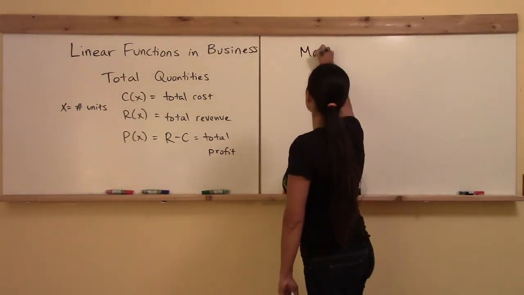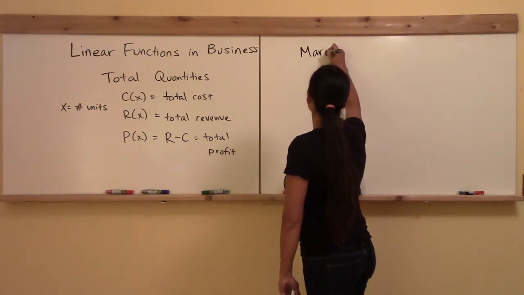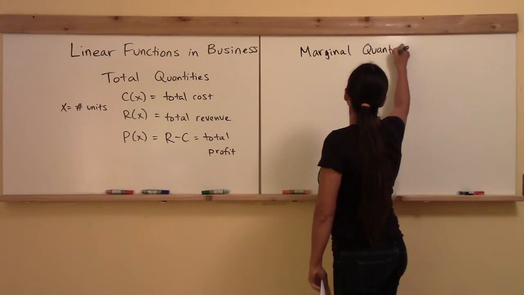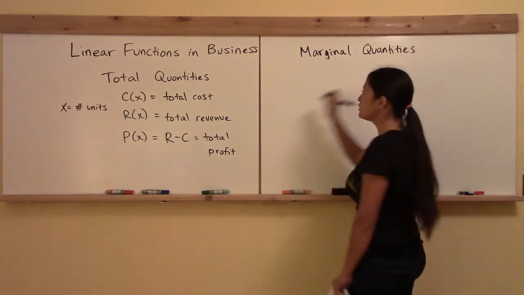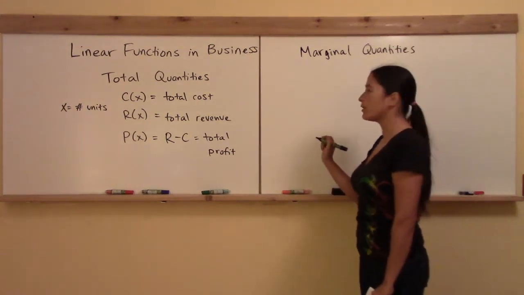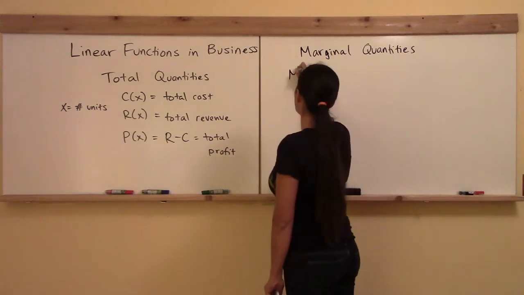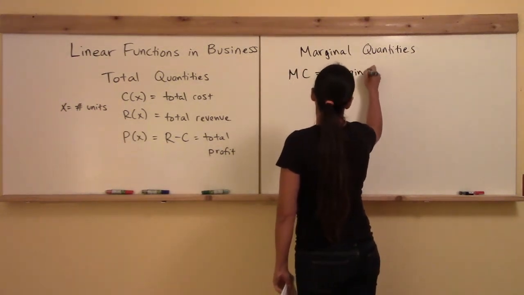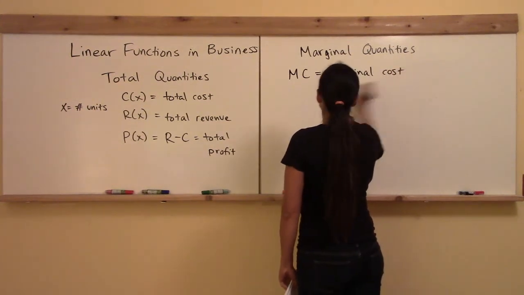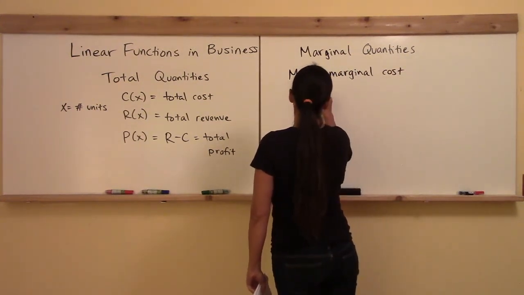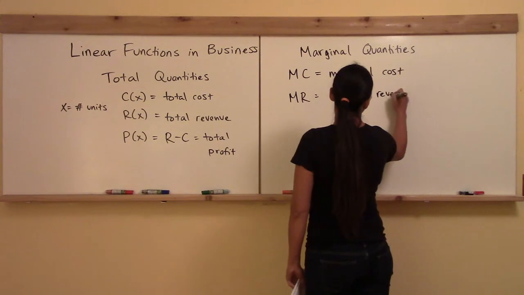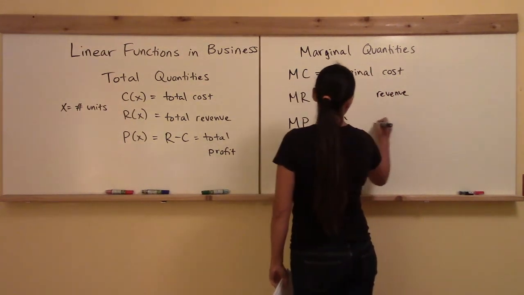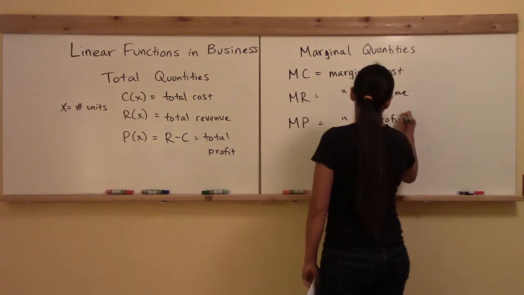Okay? So these you may have already seen, but now I'm going to introduce to you some new quantities which I will refer to as the marginal quantities. Each one of these total quantities has a corresponding marginal quantity. So corresponding to cost is MC, the marginal cost. MR, that's going to be the marginal revenue. And MP, that's going to be your marginal profit.